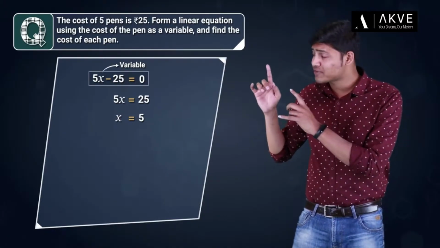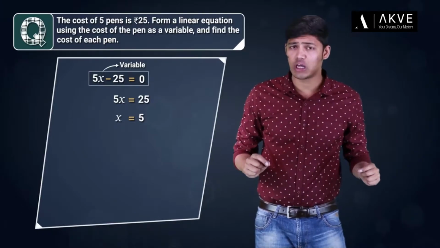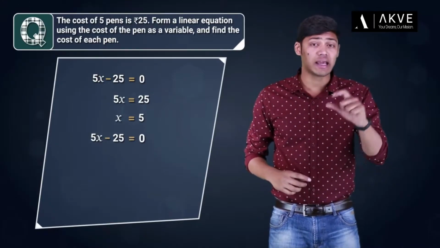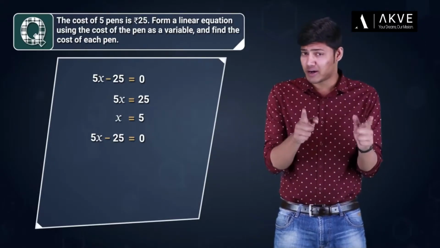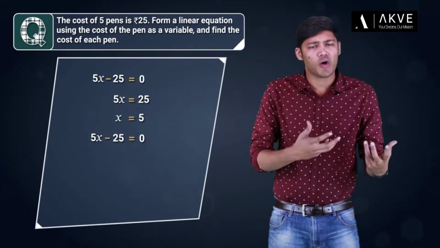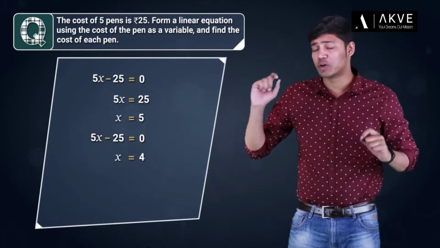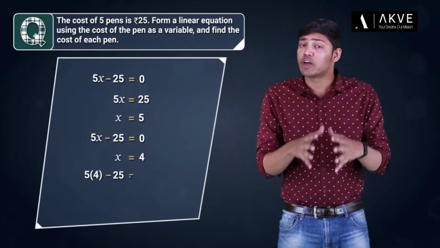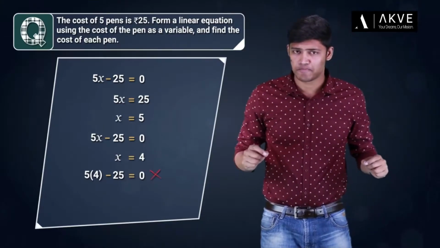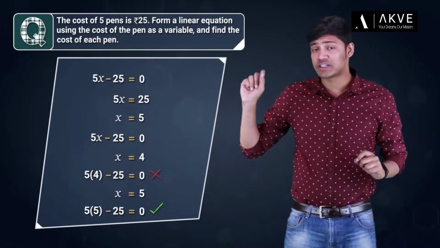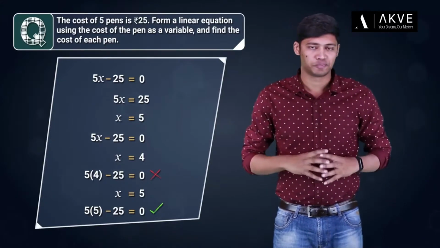Here in the equation 5x minus 25 equal to 0, x is a variable, which implies that x can take any real value. But the equation may or may not be satisfied. For example, if we take x equal to 4, the equation will no longer be satisfied. The only value of the variable for which the equation is satisfied is 5.